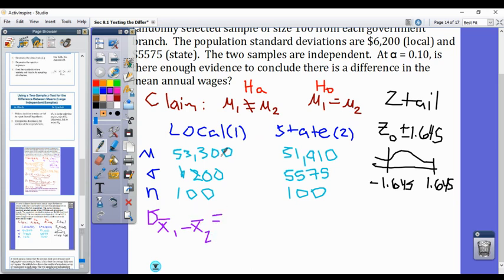Okay, so we are going to use the following formula: S1 squared over N1 plus S2 squared over N2.